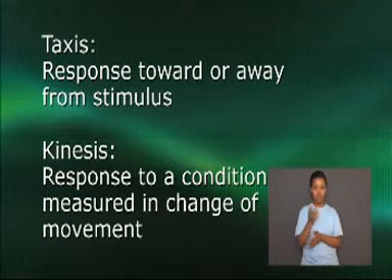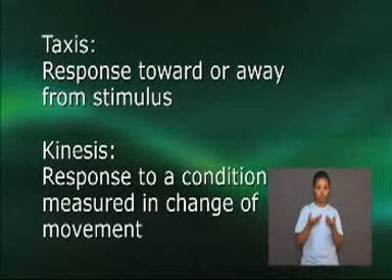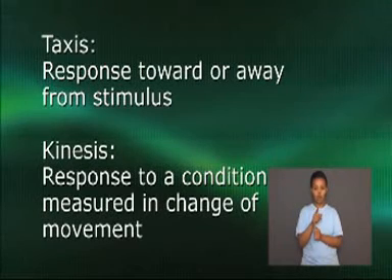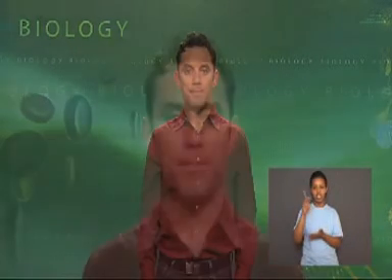However, the reaction is usually measured by its change in movement, whether it is faster or slower moving. Unlike taxis, kinesis is not measured by direction. An example of kinesis might be an organism's increased activity in response to a change in humidity or light. The more comfortable an organism gets in its environment, the slower its kinesis response.